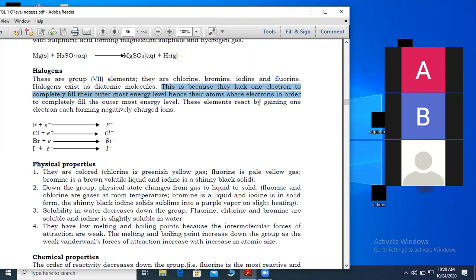These elements, they react by gaining one electron to become stable. That's how they react. For example, if you are to write a compound between sodium and chlorine, sodium donates one electron, and that one electron is gained by chlorine.